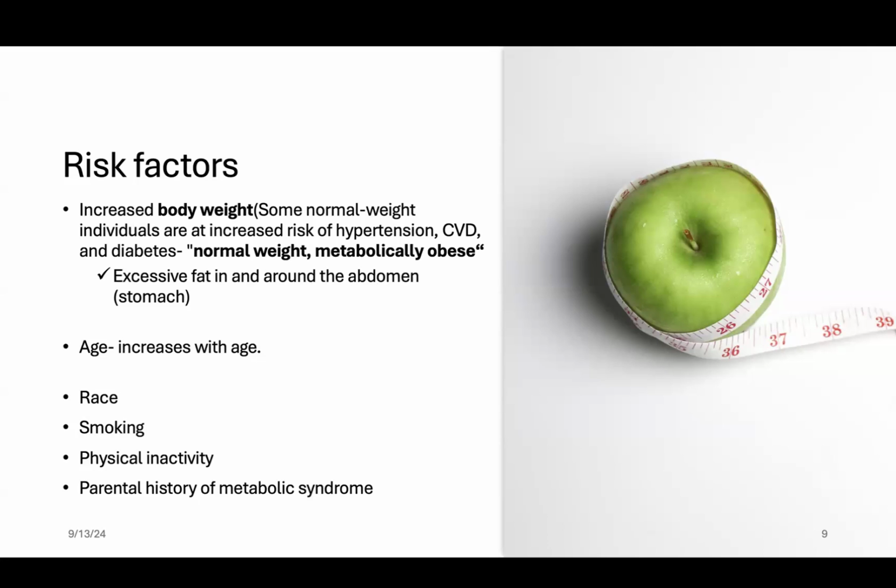Smoking is another major risk factor, and physical inactivity, another major risk factor to developing metabolic syndrome. And then having a genetic history of metabolic syndrome. Remember, when we looked at the etiology, we said the genetics also play a very important role. Next, please.